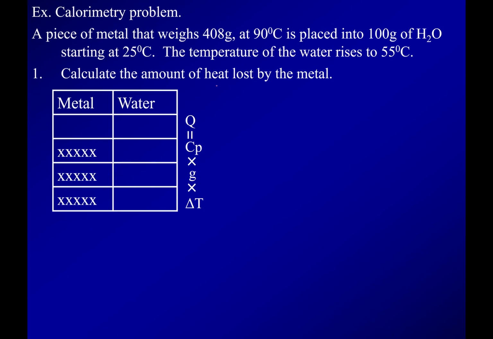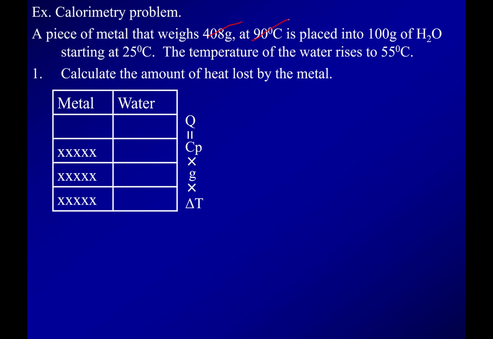Really, we're going to need the Cp of the water, the mass of the water, and the change in temperature of the water. So guess what? We don't need the Cp of the metal, which we don't even know. We don't need the mass of the metal, and we don't need the change in temperature of the metal.